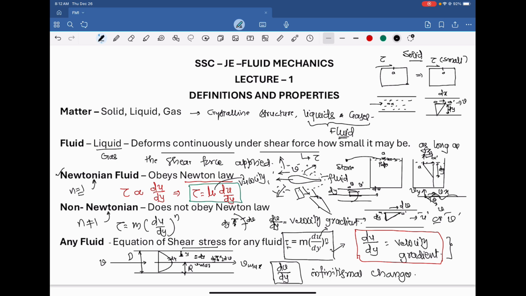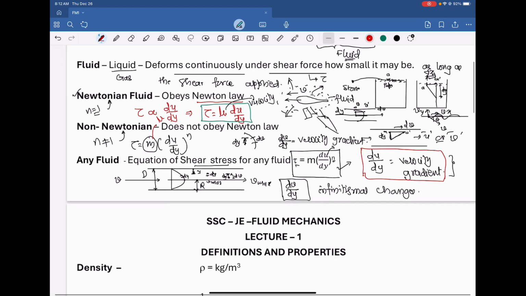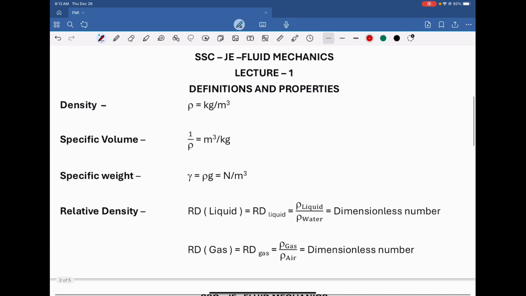What is m? m is a constant of proportionality, which is nothing but mu, that is, viscosity. I think you might have understood the definitions. Now, let us go to further definitions.